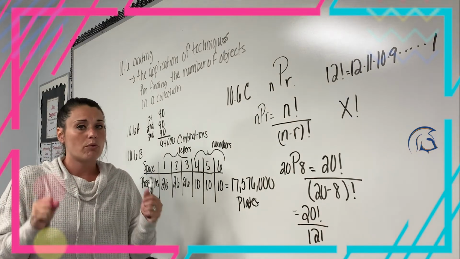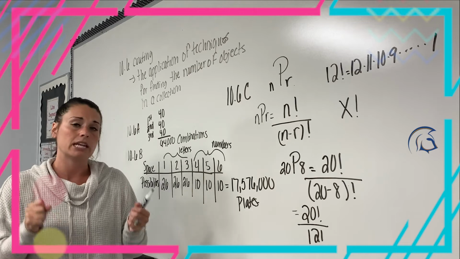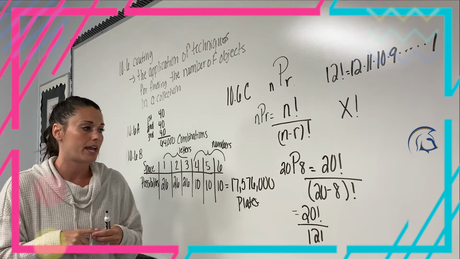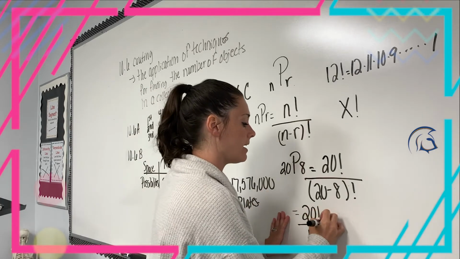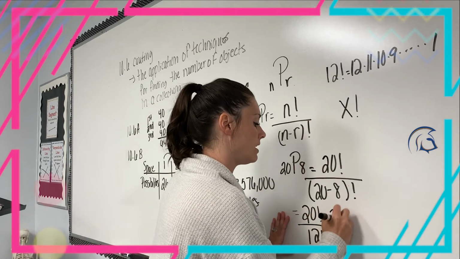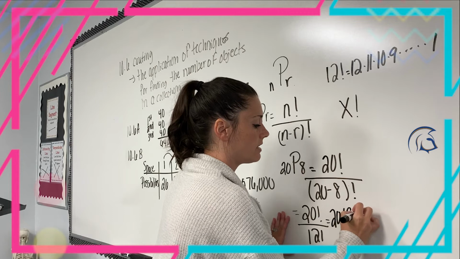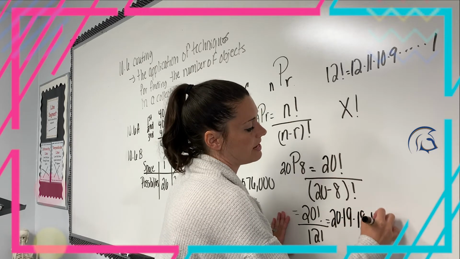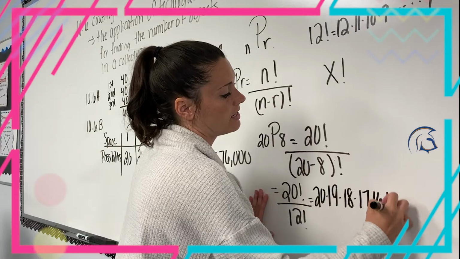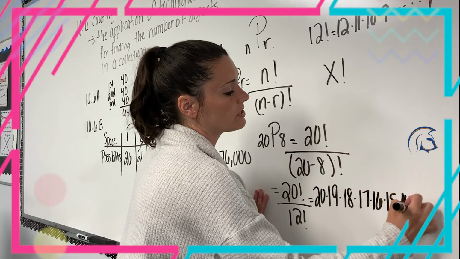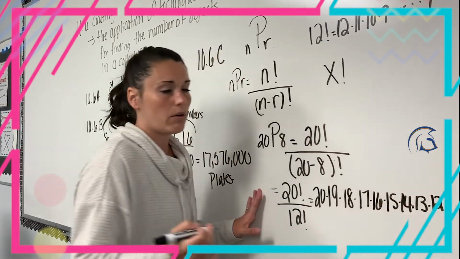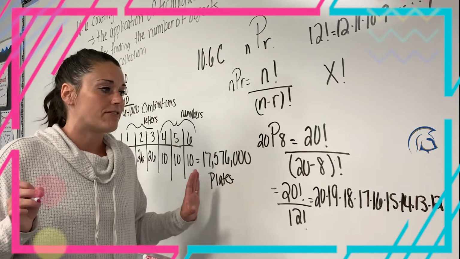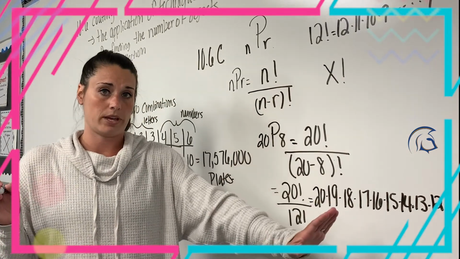If you don't want to use your calculator and you want to do it the hard way, then you would say, okay, 20 times 19 times 18 times 17 times 16 times 15 times 14 times 13 times 12. Now, technically, I would have to go all the way down to 1.